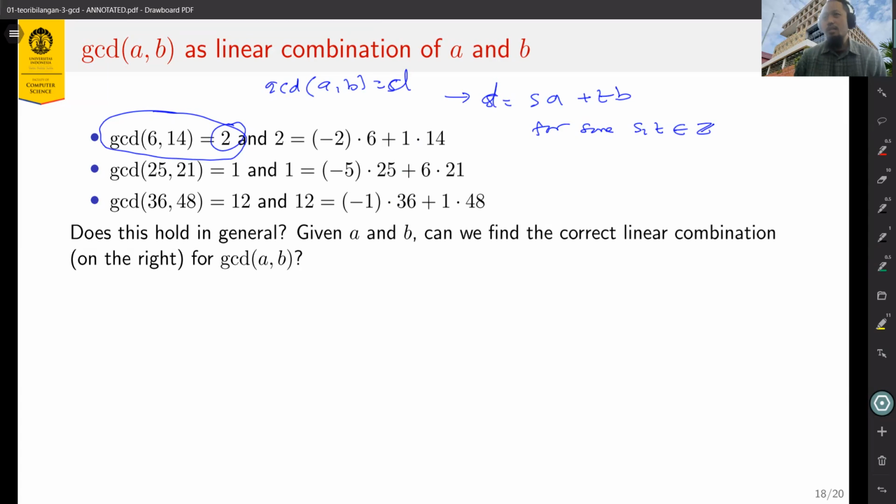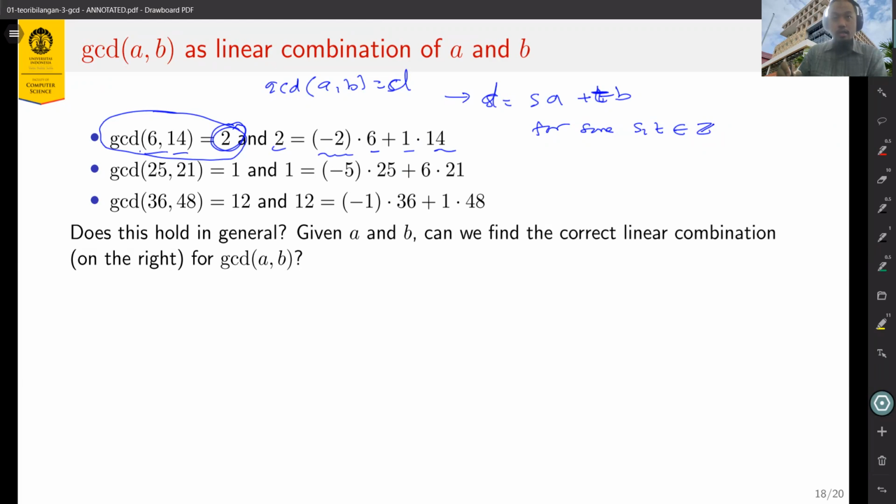This is an important result, because there are a lot of applications of this in cryptography, for example. If the GCD of 6 and 14 is 2, then 2 can be written as 6 times something plus 14 times something.